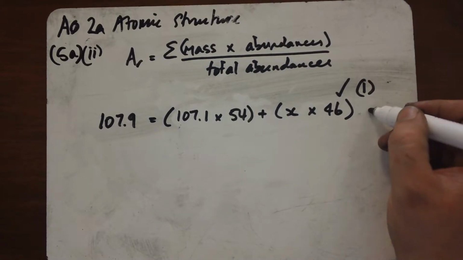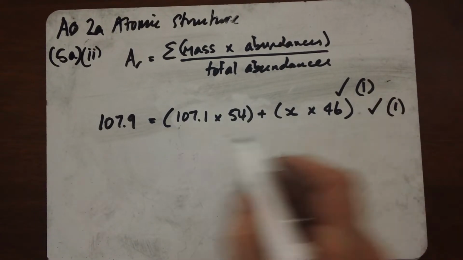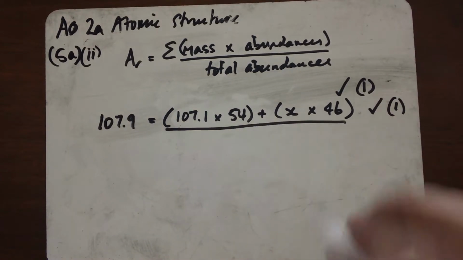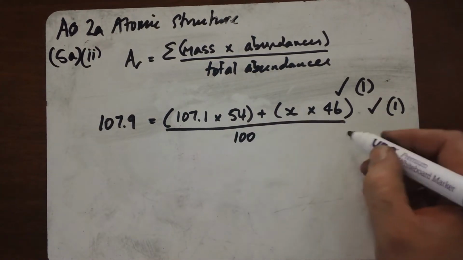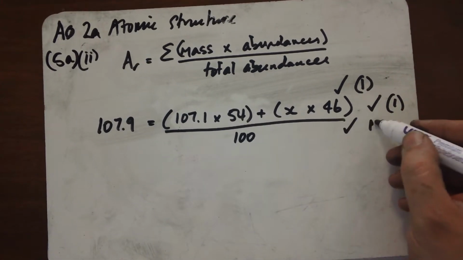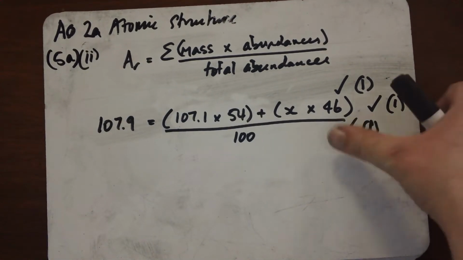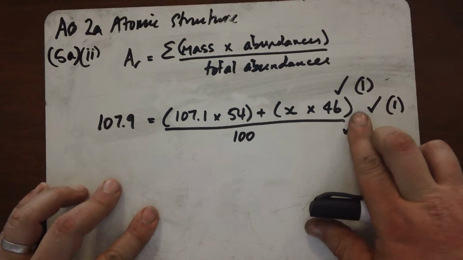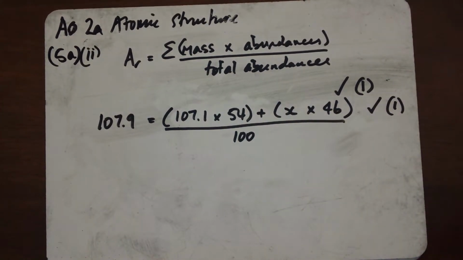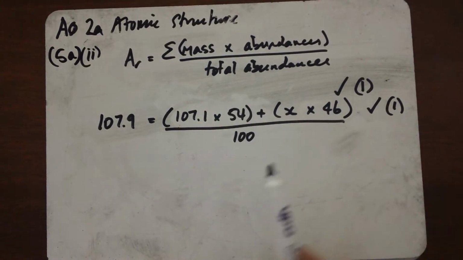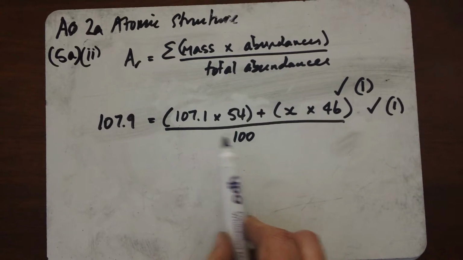You also pick up a mark for the whole of the top of this equation, and now we're going to divide by the total abundance, which is going to be 100. Apologies, you don't get a mark for the bottom, you get a mark for the whole equation and that value there. Now, using a bit of simple algebra, we move this up here.